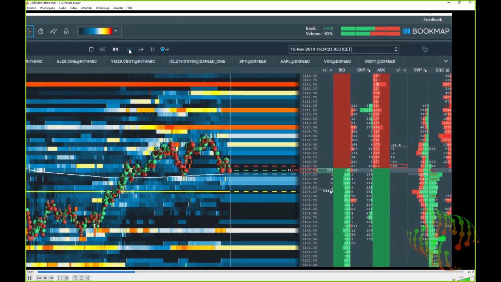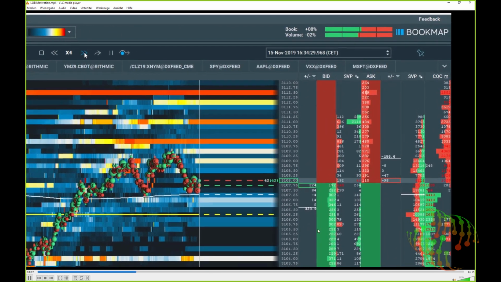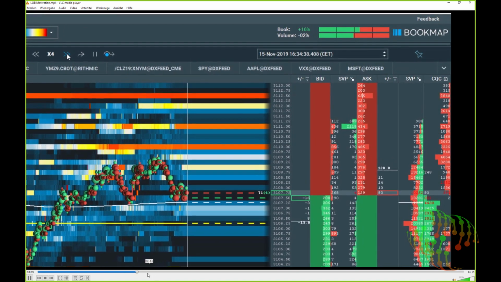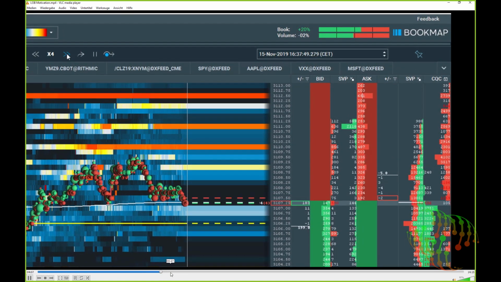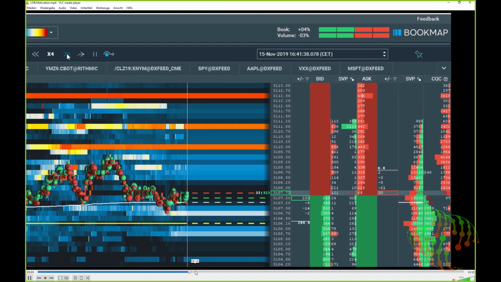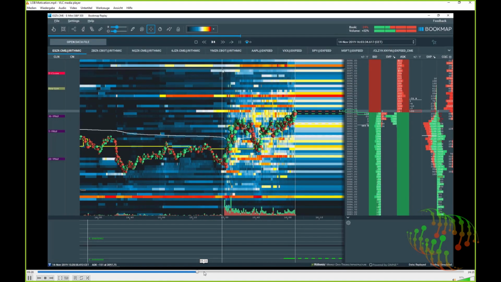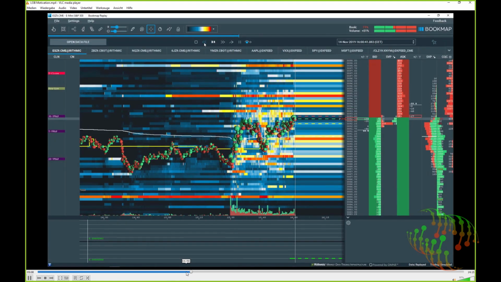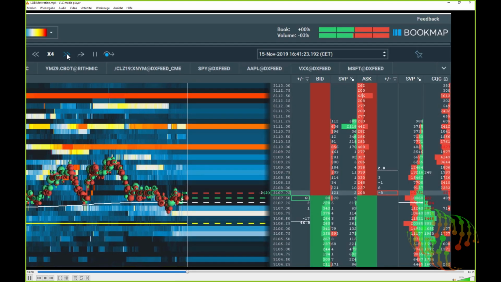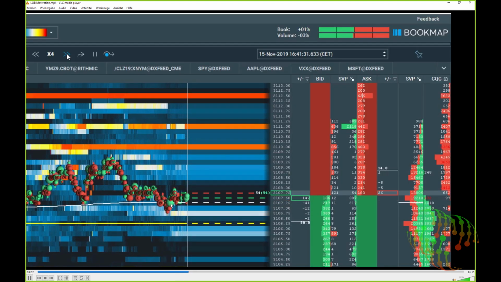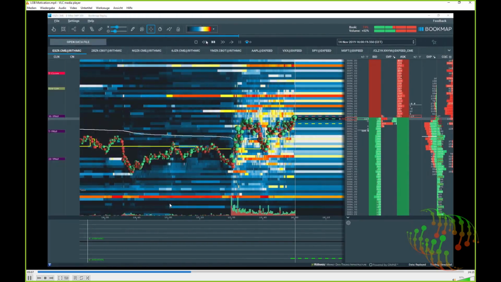We will talk about stacking and pulling on both sides, of course. And if you look again, what happened then? I think it was here. They lifted the price because this was a huge absorption here.